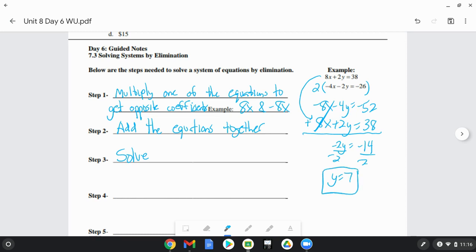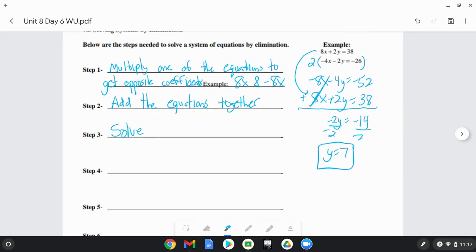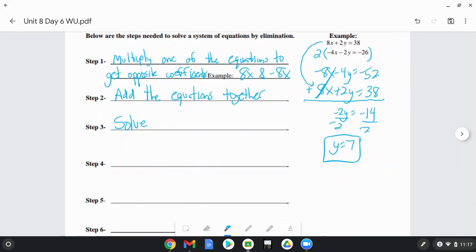So far with all of our systems, we know that there should be two pieces to it, an x and a y. So this gives us half. The other half would be now to substitute that answer to find the other variable.